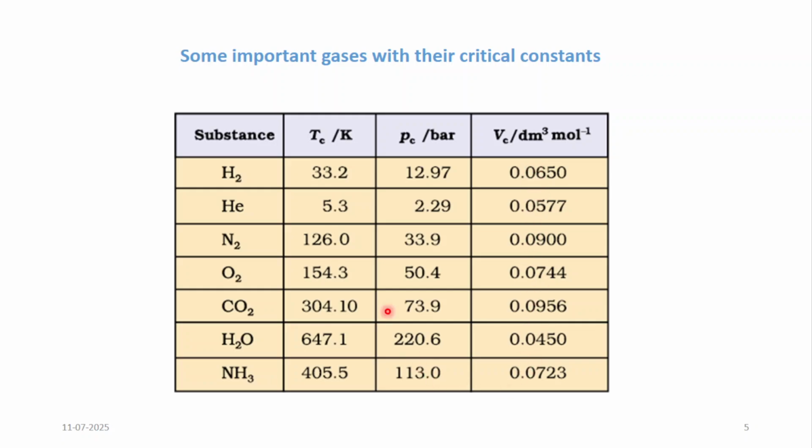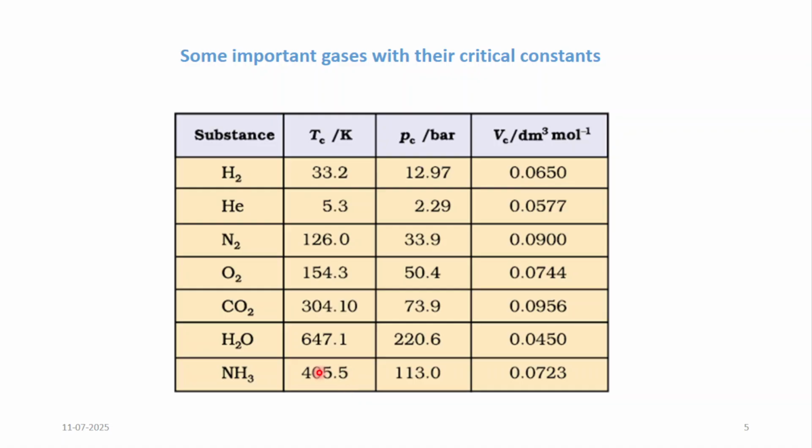So you can make one conclusion here. See, the critical temperature of ammonia is high. What does it indicate? 405. And here hydrogen is very low.